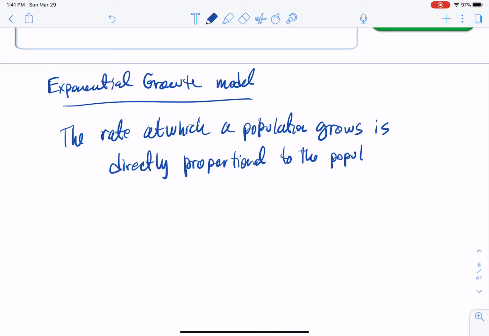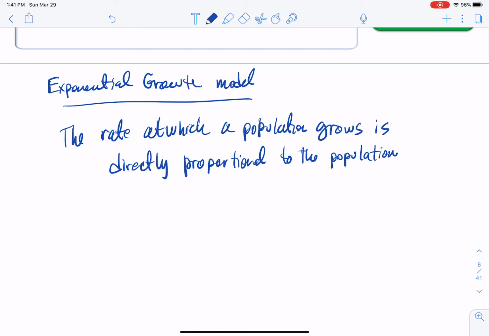This is what we discussed in that previous video, and it basically means as your population gets older, it reproduces, and then there's more people, bacteria, bears, bugs, whatever, to actually do the reproducing.